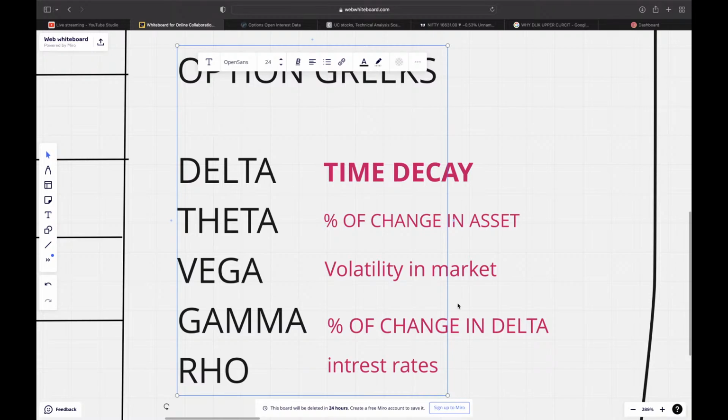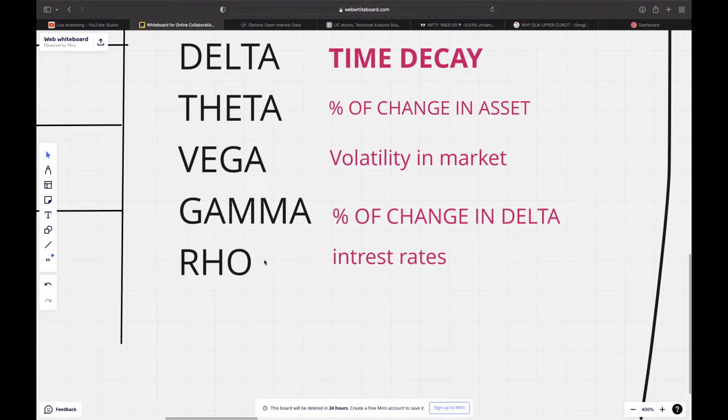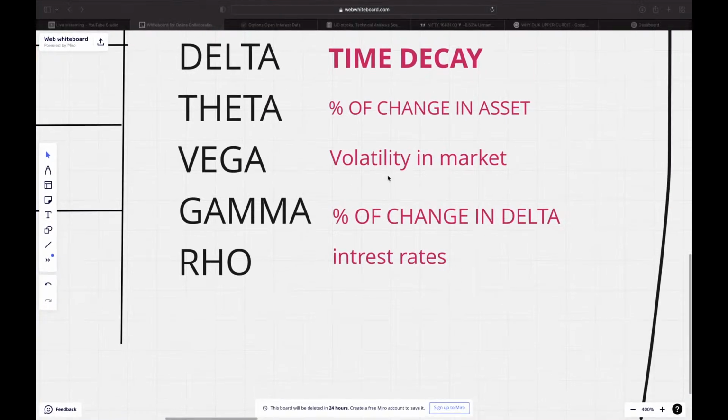Coming to gamma, gamma is the difference in the percentage of delta under different strike prices. So, for example, the strike price is 18,000, 18,200. Gamma is the percent of change in delta. So till now we have seen delta is time decay, theta is percent of change in asset, Vega is volatility in the market, gamma is percent of change in delta, and rho is interest rates. You know, banks also produce interest rates, and they change, some things happen.